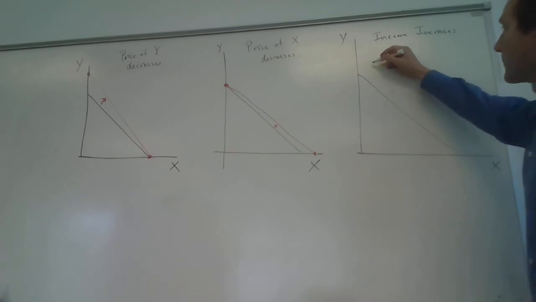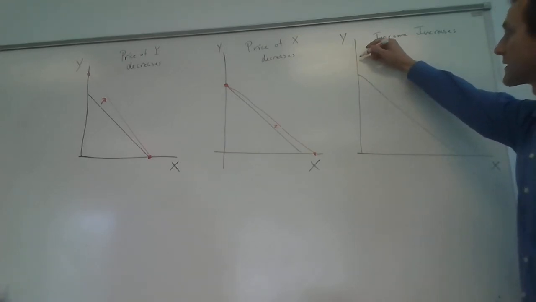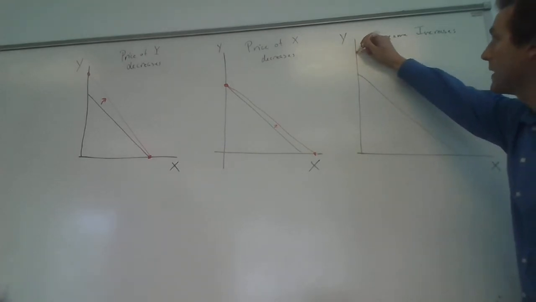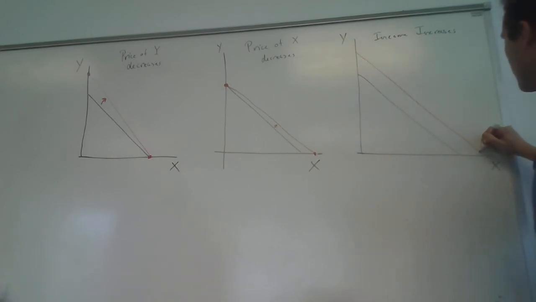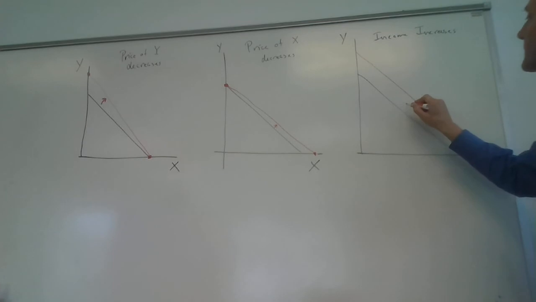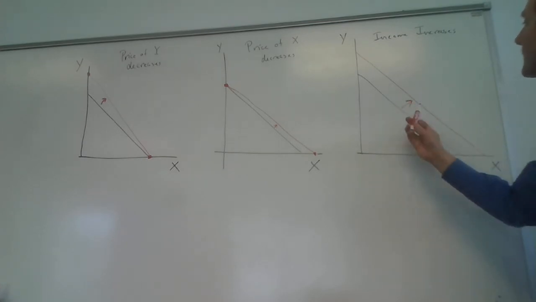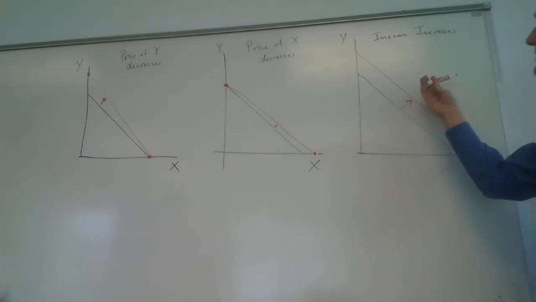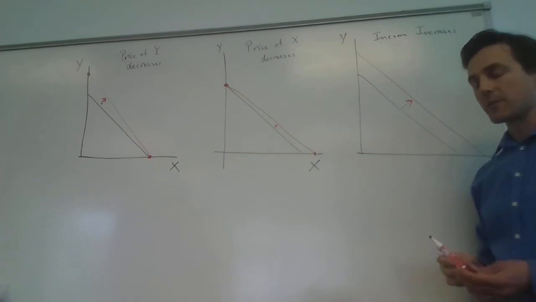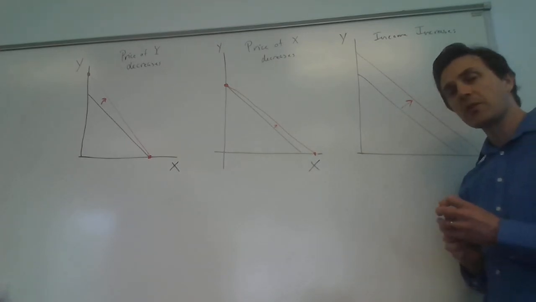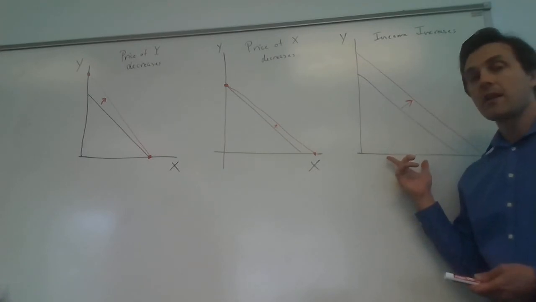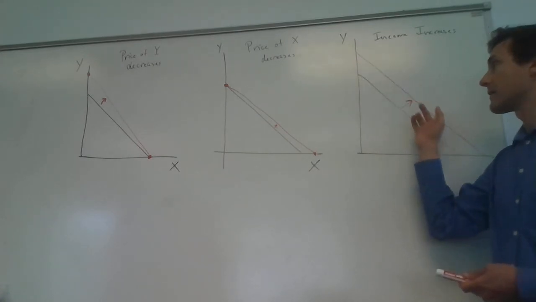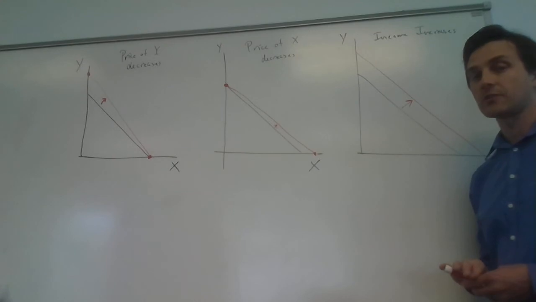So just drawing a budget constraint that is parallel to the old one and where they can buy more of either good is going to look something like this. So if income increases, then the budget constraint will shift outward so that they can buy more of both types of goods. And since none of the prices are changing in this scenario, the budget constraints are going to be parallel to each other, right?